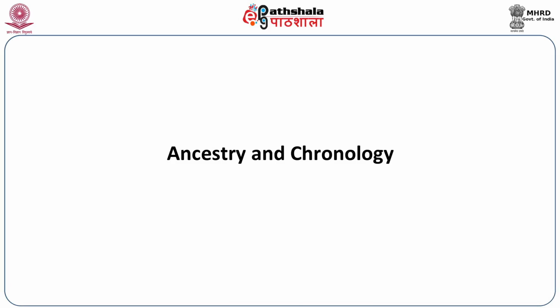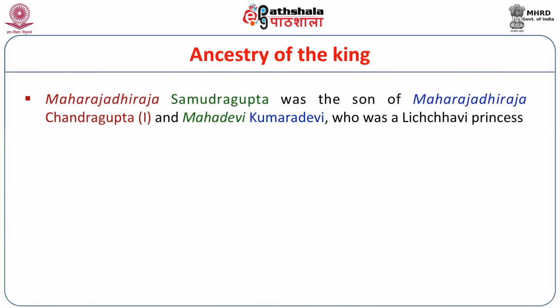Now coming to the ancestry and chronology of the king, Maharajadhiraja Samudragupta was the son of Maharajadhiraja Chandragupta I and Mahadevi Kumaradevi, who was a Lichchhavi princess. And Samudragupta's mother was Kumaradevi. That's why he was also called in the inscription Lichchhavi Dauhitra. And for the first time we come across the imperial title Maharajadhiraja from the time of Chandragupta I onwards.